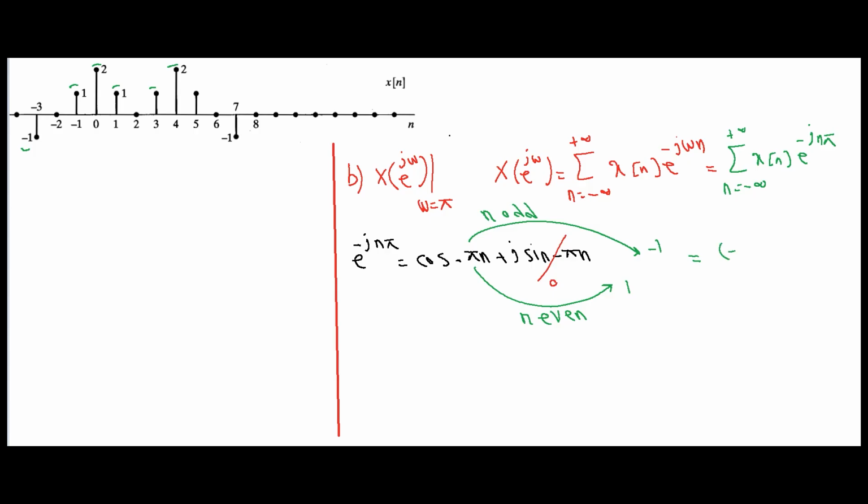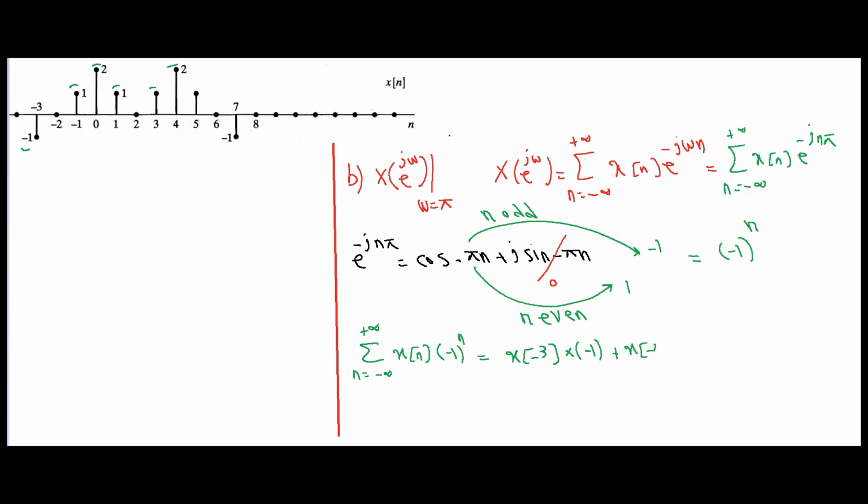Therefore, e to the power minus j pi n can be written as minus 1 to the power n. Now we substitute minus 1 to the power n into the summation and evaluate it from n equals minus 3 to n equals 7. For example, at n equals minus 3, since n is odd, the value is multiplied by minus 1.